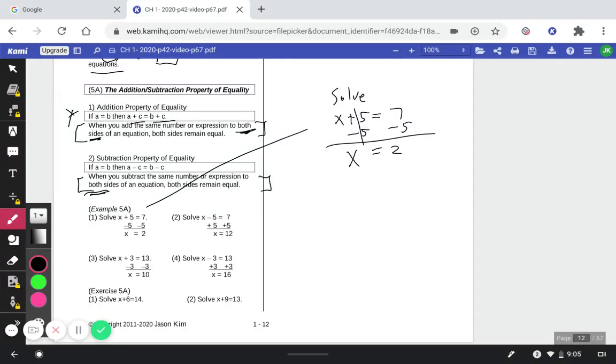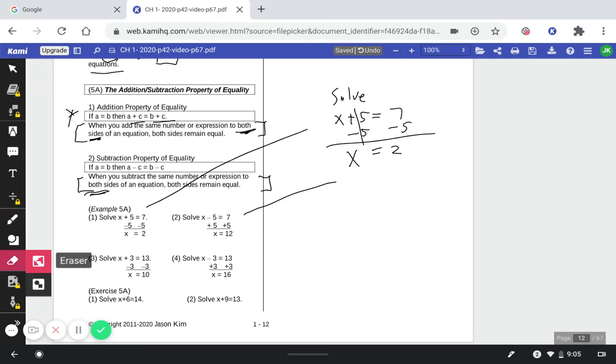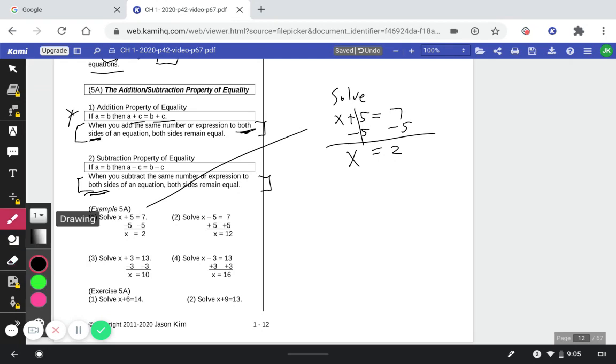Okay. Now same thing with number 2. When you have x minus 5 equals 7, right now x is with a minus 5. So the inverse of minus 5 is plus 5 on both sides. So x becomes 12. Okay, in that way you solve this equation.